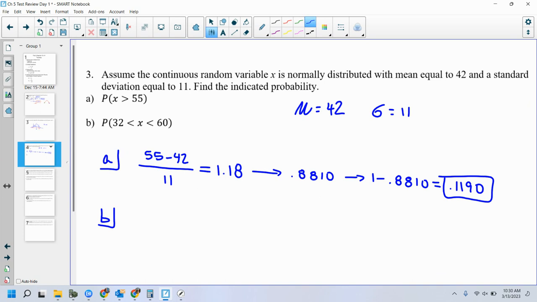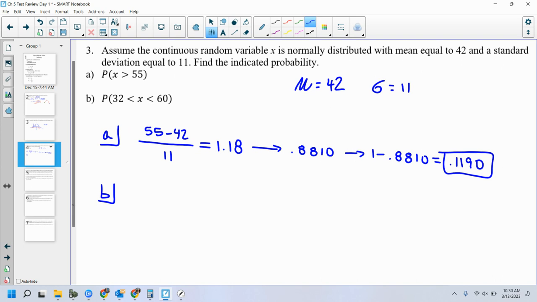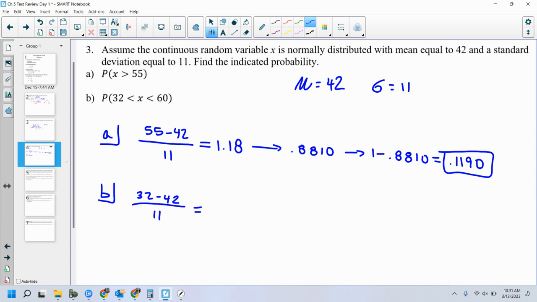All right, let's take a look at B. I've got to find both of those z-scores now and then find the probability in between. So let's look at 32. 32 minus 42, x minus mu, divided by sigma.